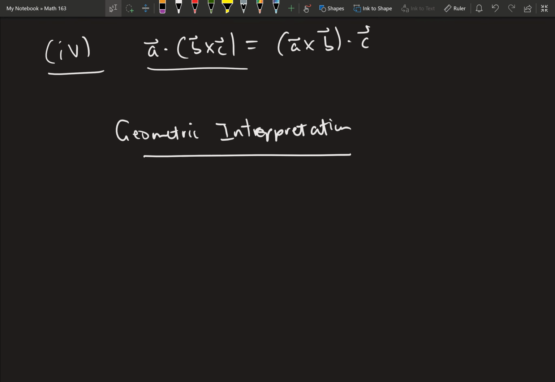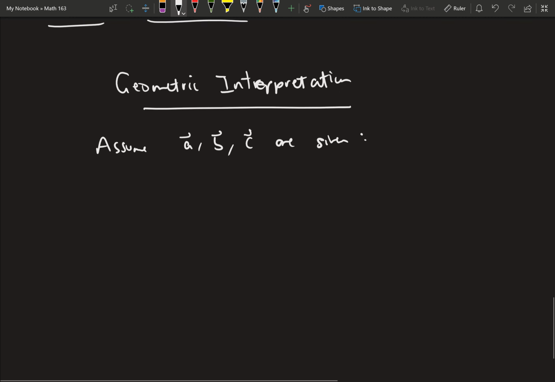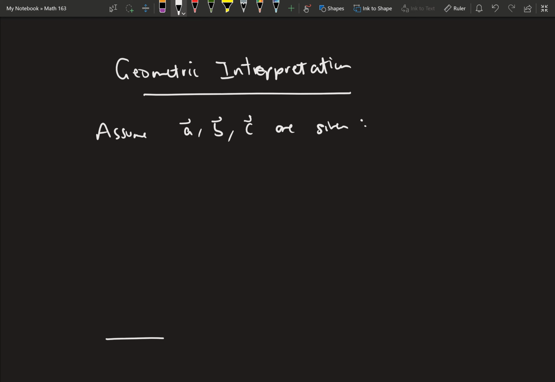So first off, note that if we draw the 3 vectors, let's suppose A, B, and C are given. And we're going to draw them as follows. So say B is here, and C is here.